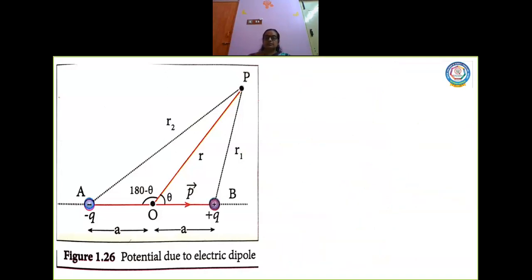Let us go to the next page. So r2 will be r into 1 plus 2a cos theta by r, the whole power half. So 1 by r2 will be 1 by r, again 1 plus 2a cos theta by r to the whole power minus half.